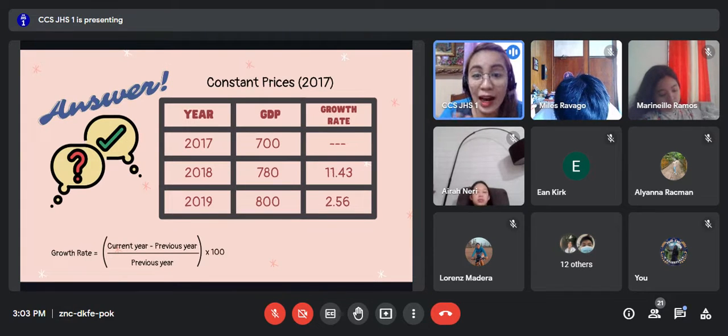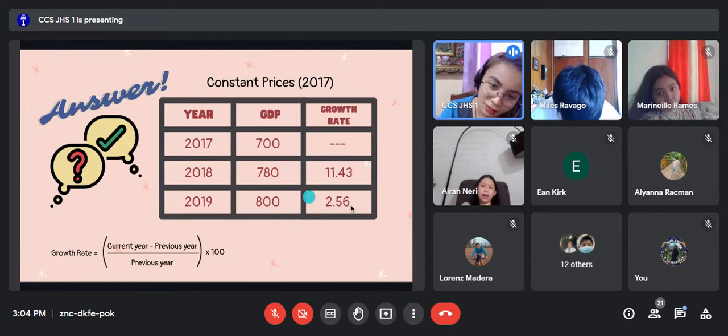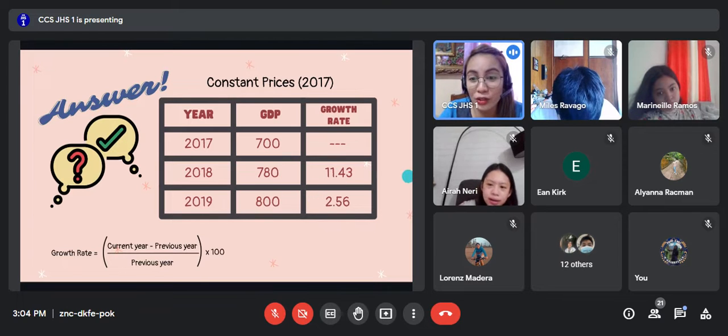Our GDP grew by 11.43%. It's easier to understand that the growth is 11 percent rather than just looking at the numbers. Although you can see that there is an increase in the GDP data, it would be better to look at it in percentage. Same with 2019, there is an increase of 2.56 percent, which is lower than the previous growth rate that we have.